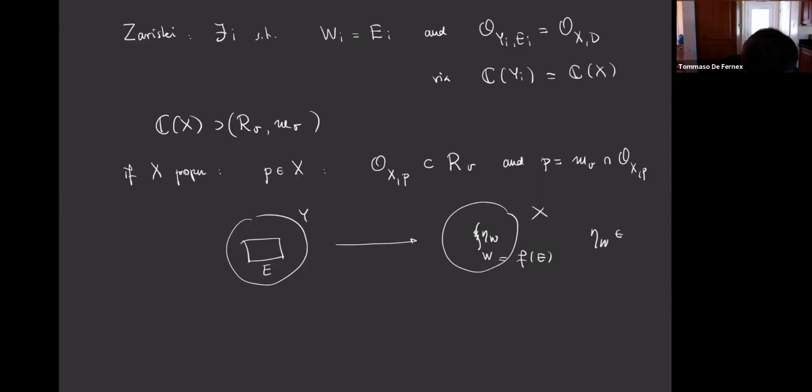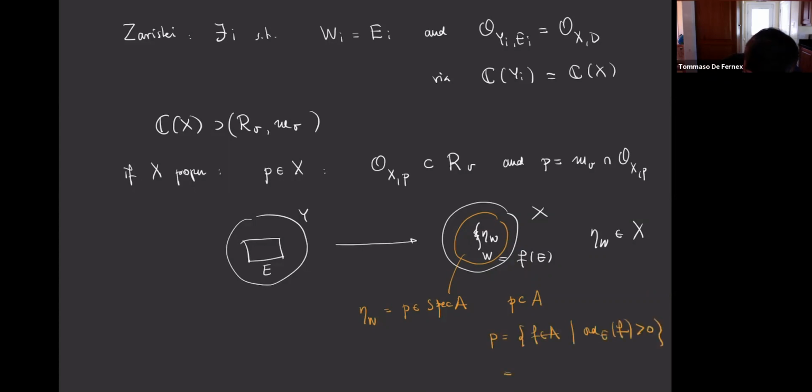So this is a point inside X. Again, if I restrict to some open set, Spec A, there is a point, some prime ideal P inside A, and this P is exactly the set of functions in A such that the order along E of f is greater than 0.